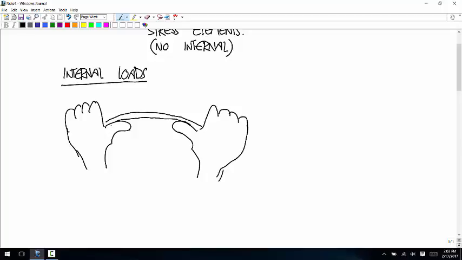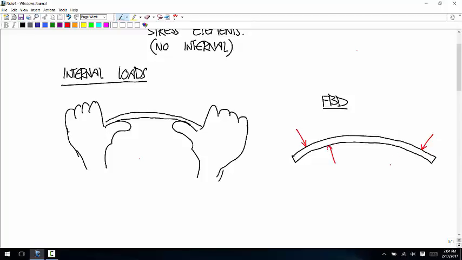Well, the external loads, if I draw a free body diagram of the stick, your fingers are pulling down, your thumbs are pushing up. So the external loads are happening basically in 4 places, here, here, here, here.